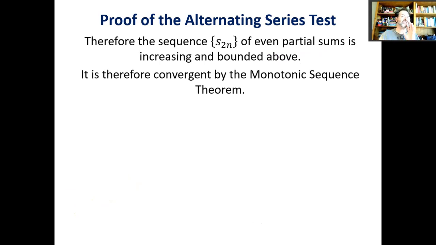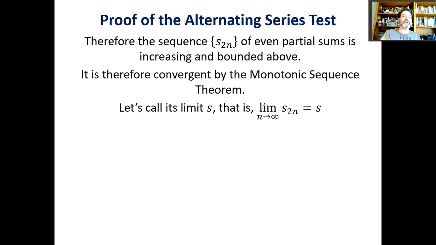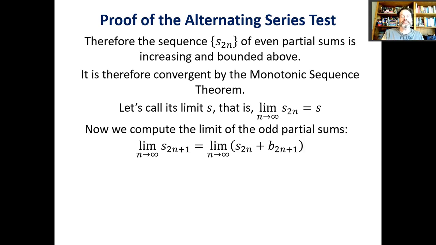So far, the proof has just been showing that the sequence of even partial sums is convergent. Because it's convergent, we can give a name to the limit, right? The sum itself, we're going to call it S, because it exists. So now we're going to look at the limit of the odd partial sums. So here we're looking at S1, S3, S5, that sort of thing.